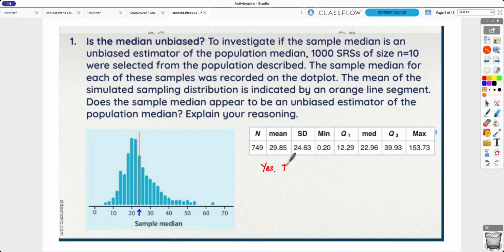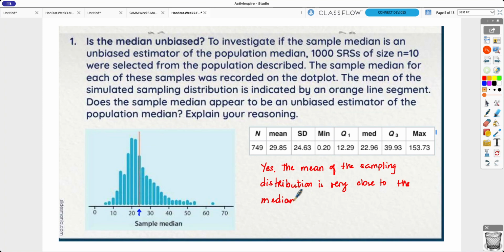This is our explanation: the mean of the sampling distribution is very close to the median of the population, which is 22.96.